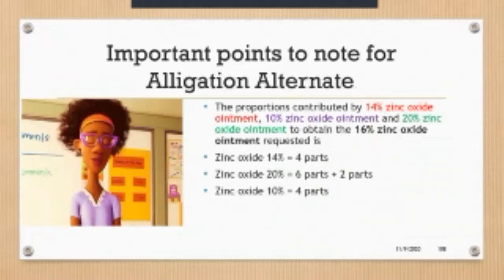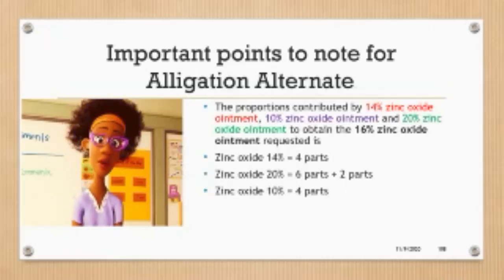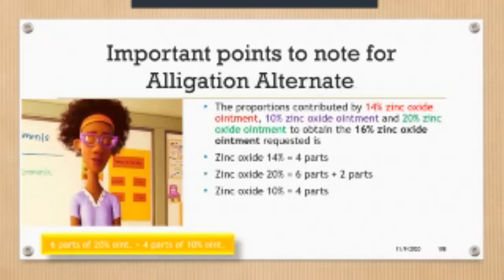So the proportions contributed by the 14%, the 10%, and the 20% ointments to obtain the 16 would be as follows. 14% of the zinc oxide is going to contribute 4 parts. 20% is going to contribute 6 parts plus 2 parts. And the 10% zinc oxide is going to contribute 4 parts.